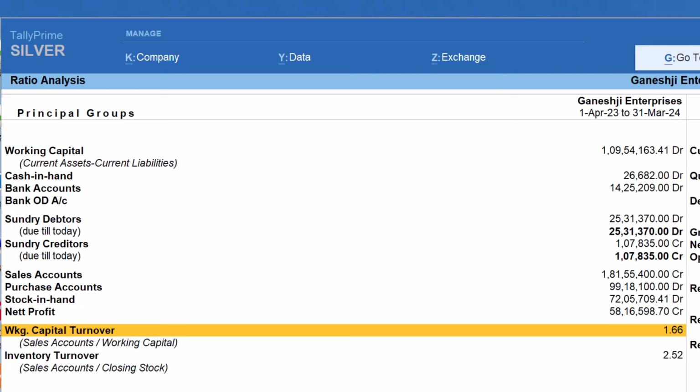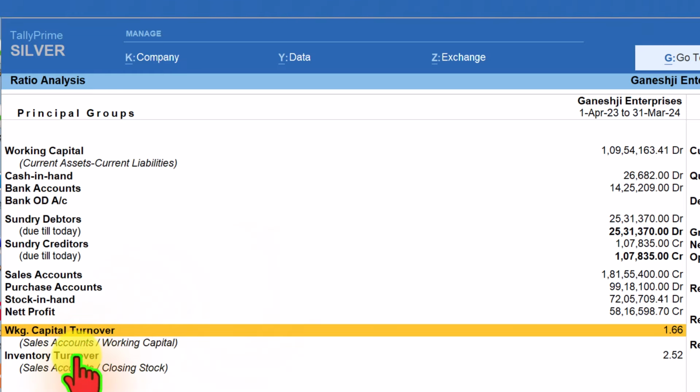That is, they are able to make a sale, collect the money, procure material and sell. So this is an important ratio analysis information which will be useful for the company. In this case, it says with the working capital that is available with the company is able to do the working capital turnover of 1.66 times.